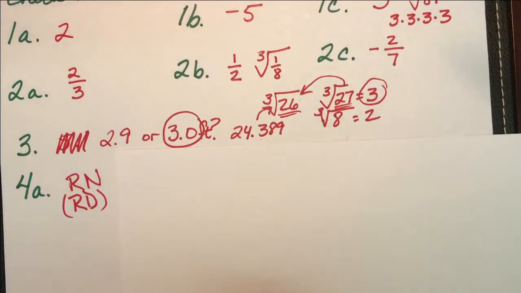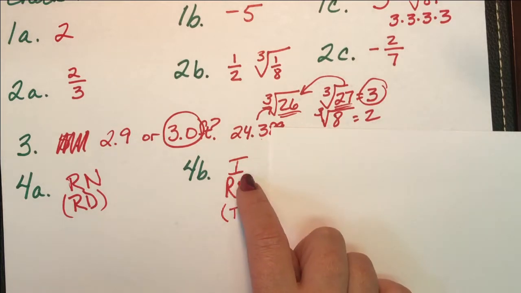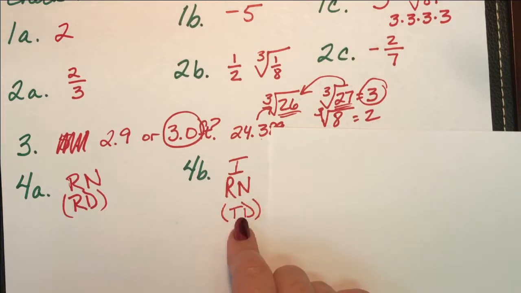So 4a is 7 4/9. This is a rational number that is a repeating decimal. If you do 4 divided by 9, you will get a decimal that repeats, but it's none of the others. B is -12. -12 is an integer and a rational number because it's a terminating decimal.